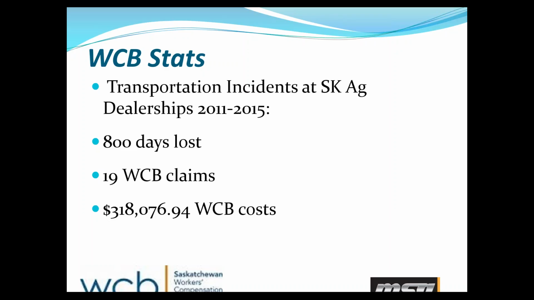So you can see this need to discuss traffic control planning when we see this amount of transportation incidents, days lost, and costs in the province of Saskatchewan from 2011 through 2015 for agricultural dealerships. And further to this, there are other incidents that would have been covered by SGI, which I wouldn't have the information for. So there's likely way more than this that have occurred.